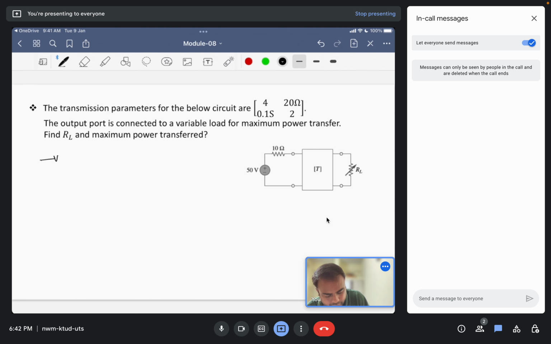So we have a 10 ohm resistor, then the ABCD parameters. This is the 10 ohm resistor, and we'll short circuit this portion and calculate the Thevenin's resistance across this point, called RTH. The direction of current here will be I1, and since this is a transmission parameter, the direction will be minus I2.